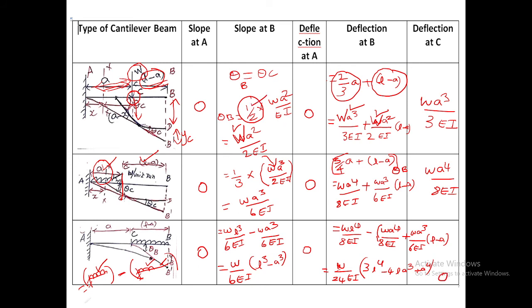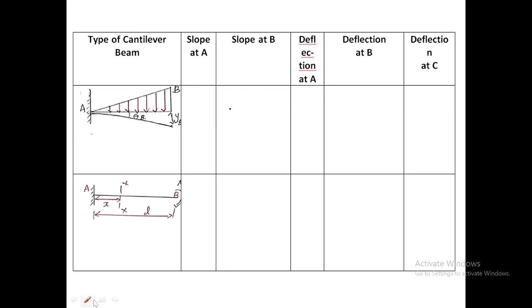Here also 1 by 2, 1 by 3, 2 by 3 theta b slope, 3 by 4. Slope at point A is 0. This is the uniformly distributed load minus the uniformly varying load condition.